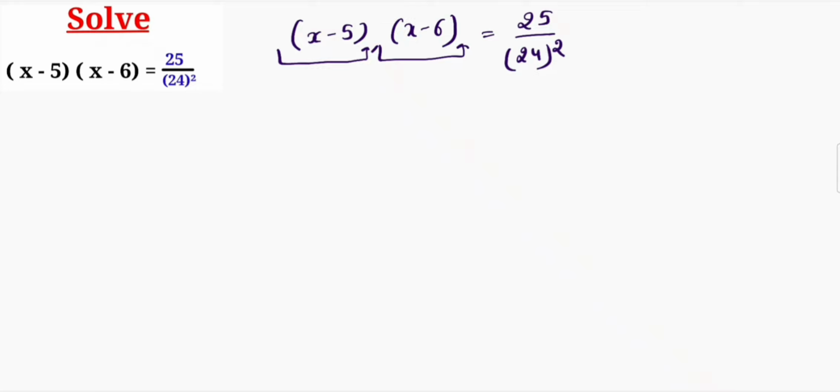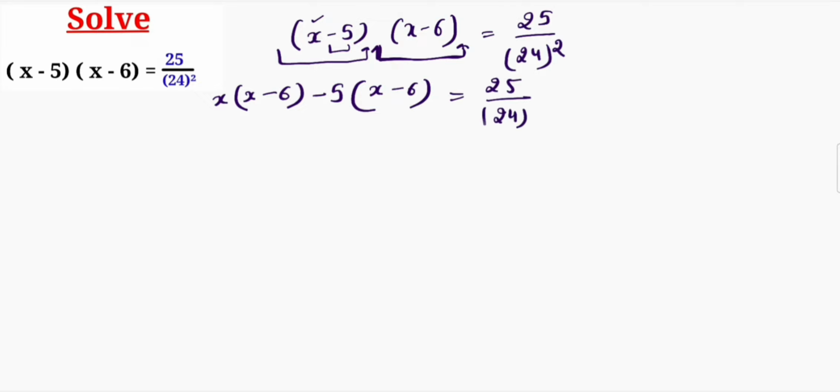First I will write x and multiply it with the second binomial, x - 6. Then I will write -5 and multiply it with x - 6. So again we multiply x with x and get x². Then x with -6 gives -6x.